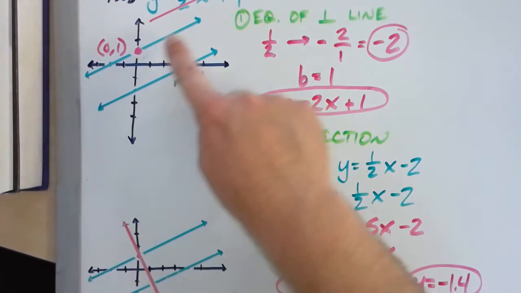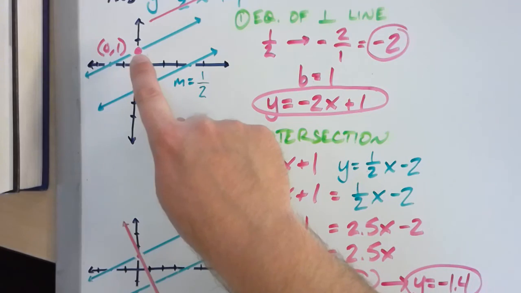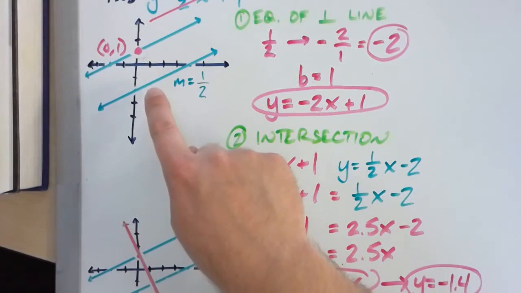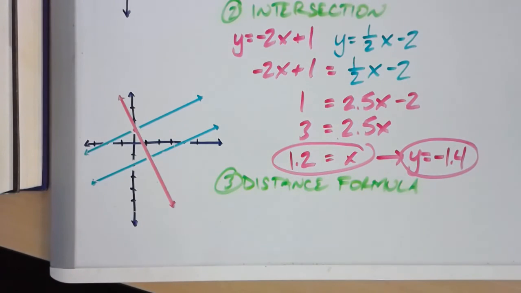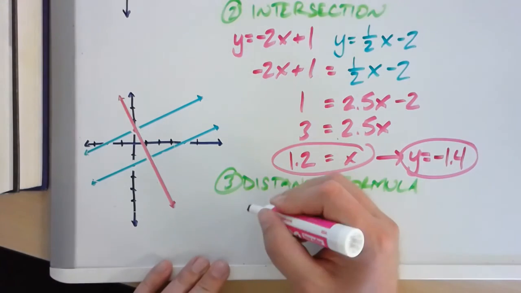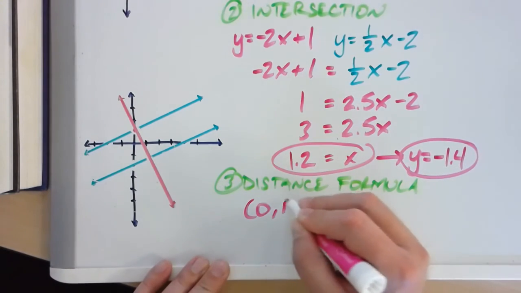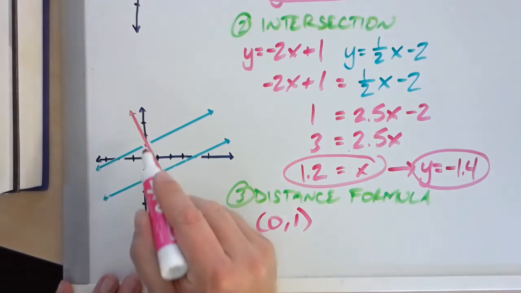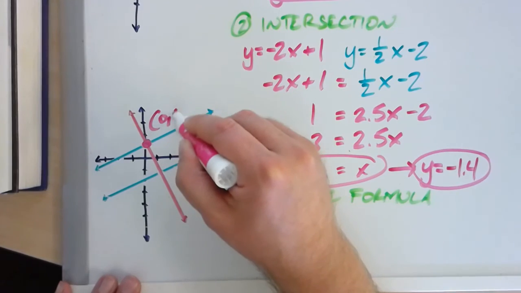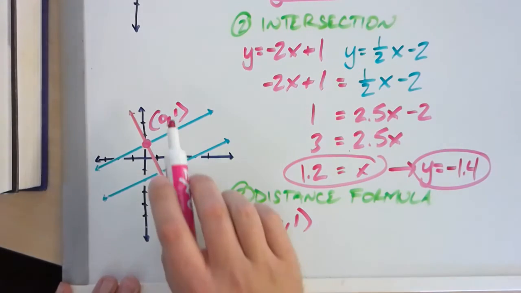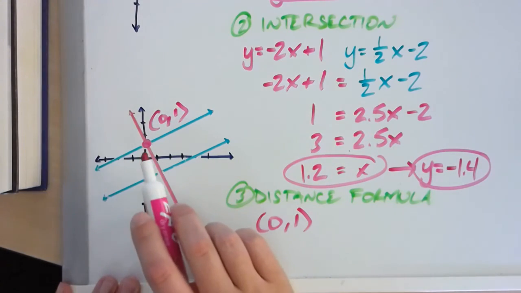I took this entire line and reduced it down to a single coordinate point so I could find the distance between that guy and this guy. So 0, 1 is my first coordinate point. 0, 1 is this guy right here. Looks a little sloppy, but that's 0, 1.